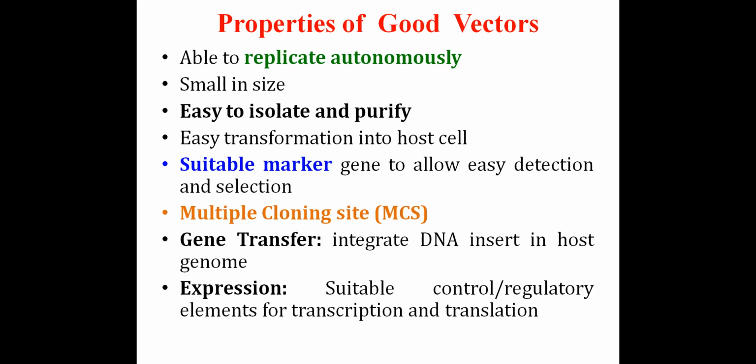Generally, we prepare the host cell for transformation. There are several methods for transformation, like making the cell chemically competent, where we treat the cell with some chemicals so that the membrane becomes porous. Then there is another method, electroporation, where we give a short electric pulse to the cell, which also creates pores in the membrane.